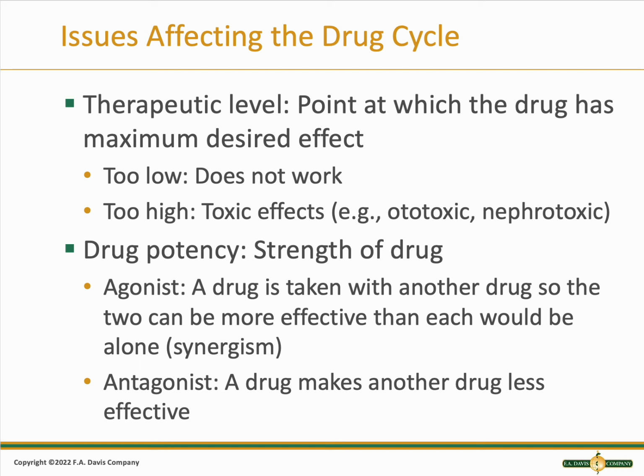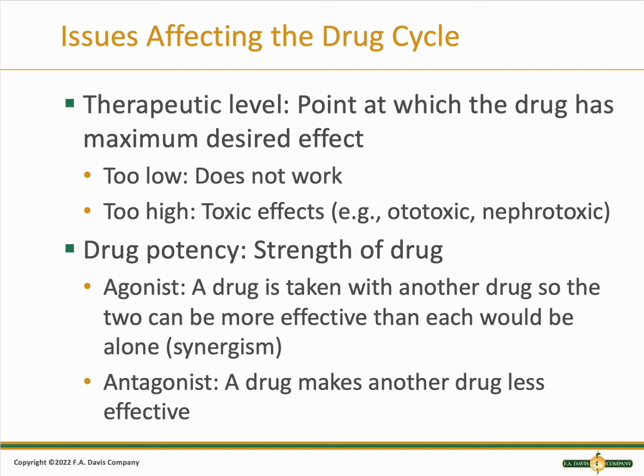It would go in your body, it would be deactivated, and you'd pee it out. If it's too high, then the therapeutic effects that we're trying to get from the drug get drowned out by all of the toxic effects that happen.